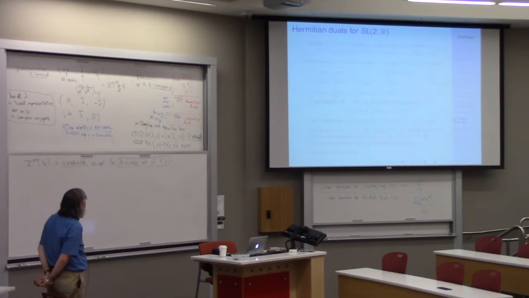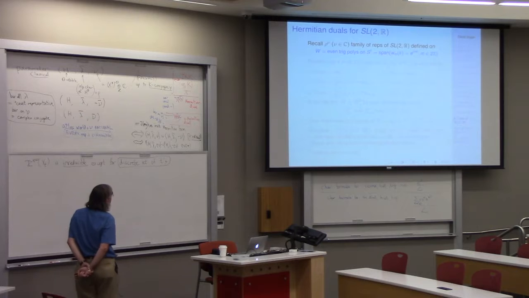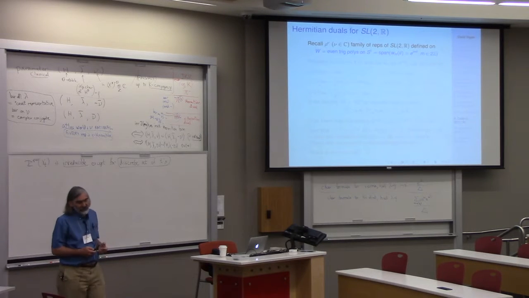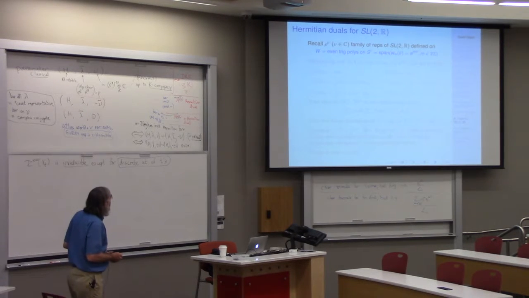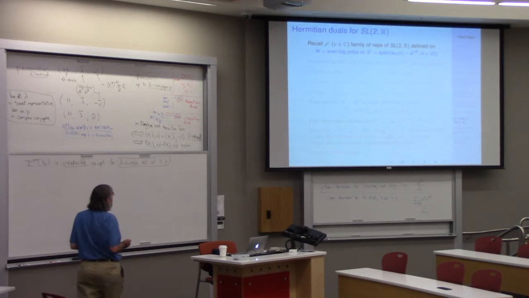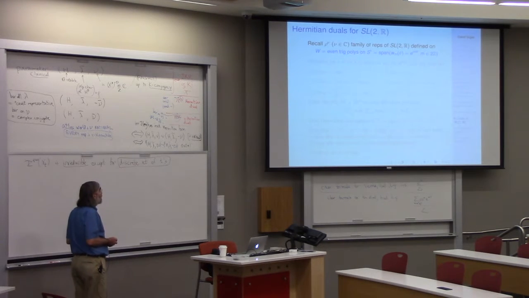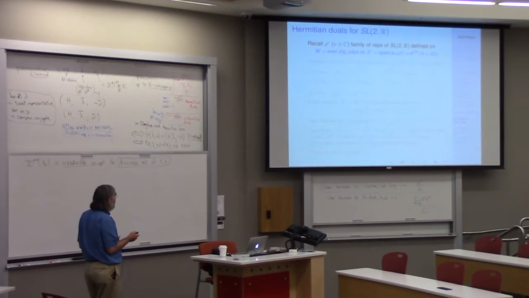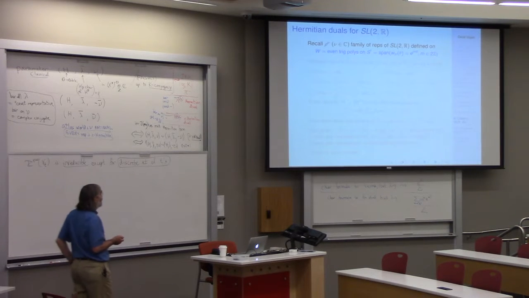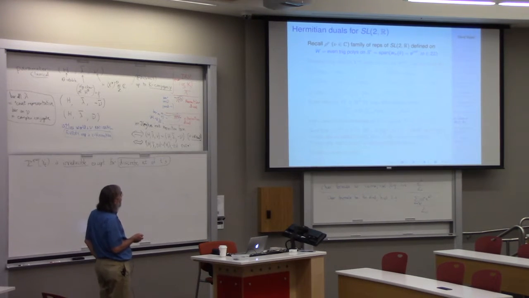So what does this look like for SL2? Let me write down again the principal series representations that I wrote for SL2. Let's just look at even trigonometric polynomials on the circle.